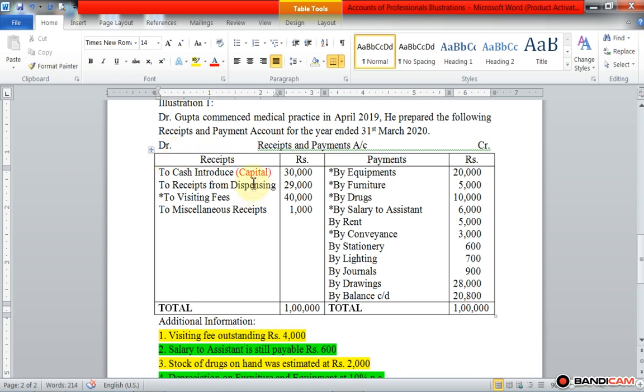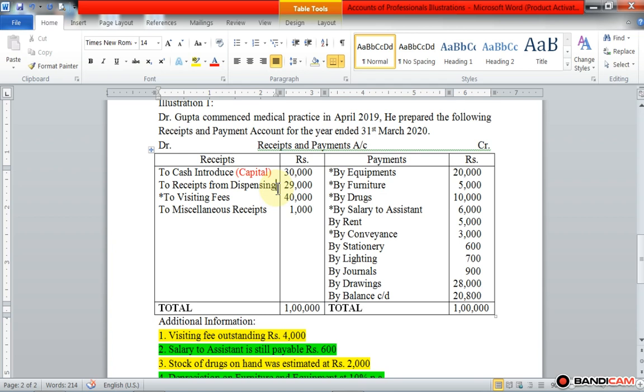Cash introduced for starting the profession, so it is an opening capital of Dr. Gupta.